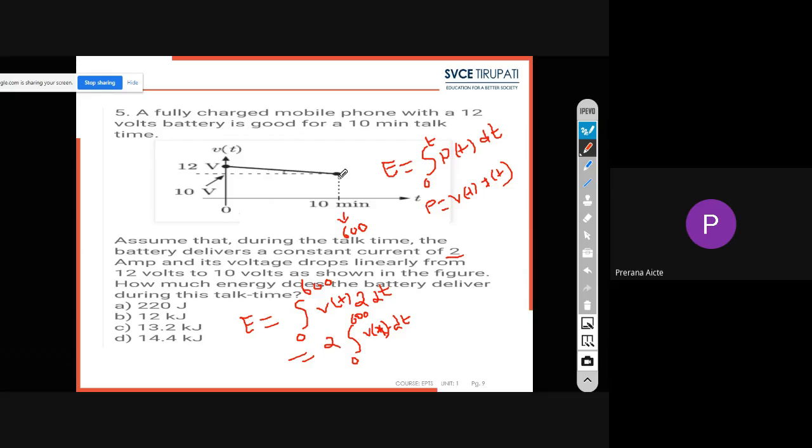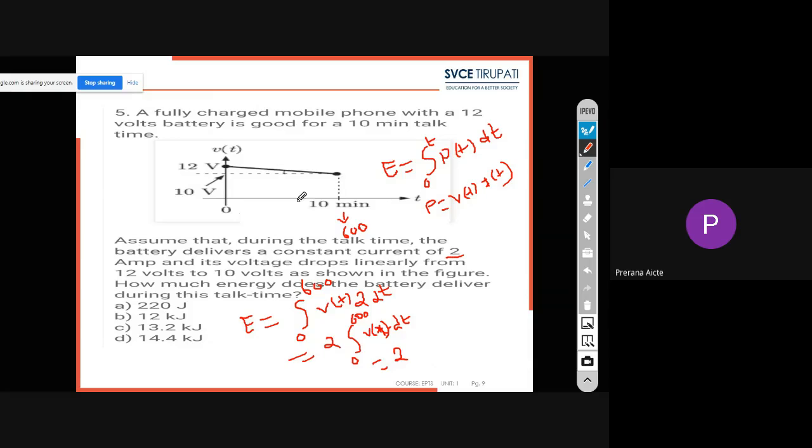It is a right angle triangle. So the integral of V of t from 0 to t is nothing but the area covered over 0 to 10 minutes. So here two areas will be there.